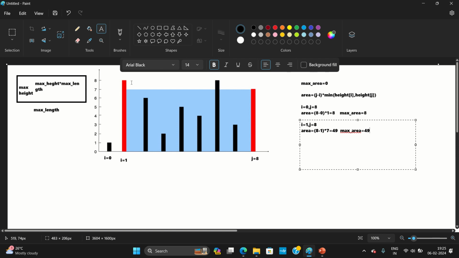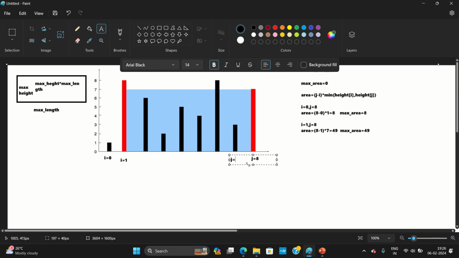Okay. Now again, among these, which pointer is having the minimum height? J is having the minimum height, right? So when J is comparing itself with I, it is finding that it is lesser than I. So J will be trying to move backward in order to find a better height that is greater than its previous one.